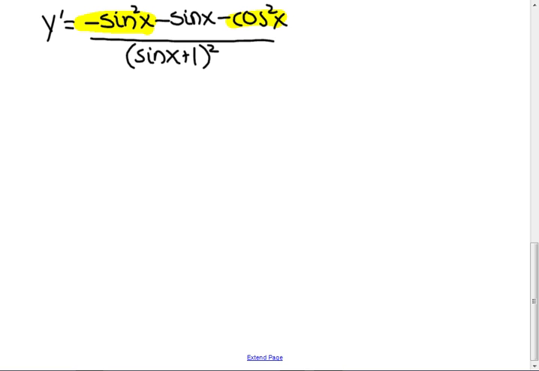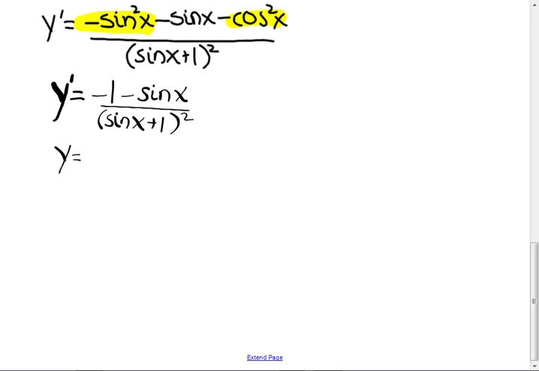So this is going to be negative 1 minus sine of x. Some of you may see where I'm going to go with this yet. I'm not done. You think that would be good enough, but it isn't. Because what can I factor out of the numerator? A negative 1. 1 plus the sine of x.